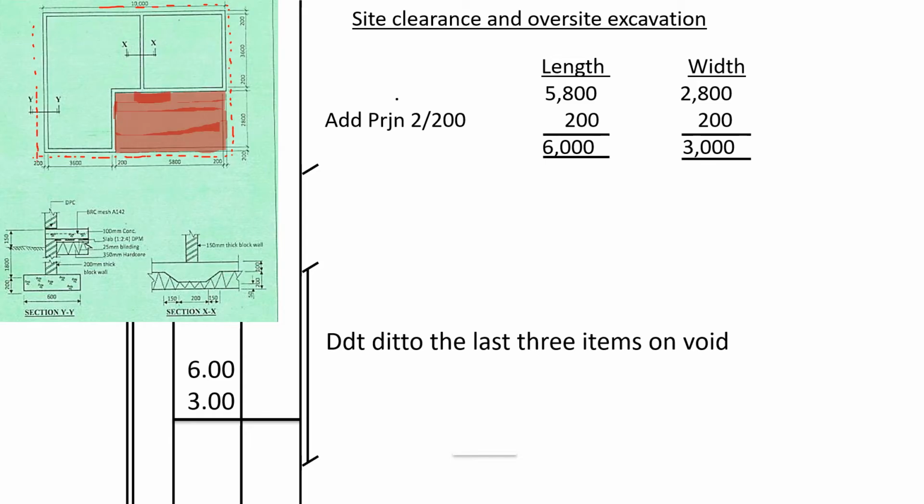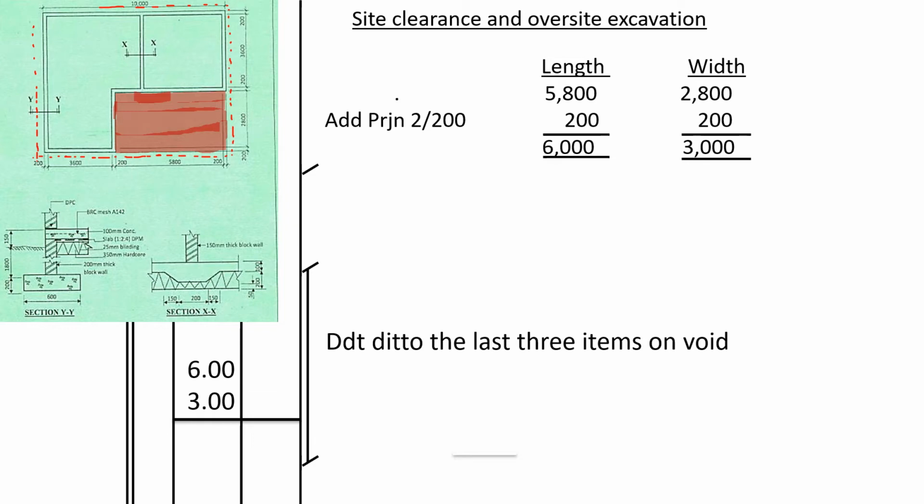So using the red dotted line as the area that we are adding for the spread of the foundation to cater for site clearance, for the site clearance we take the external dimensions plus the external spread on both sides. Now we want to know what are the dimensions for this rectangle over here, which is maroon in color.